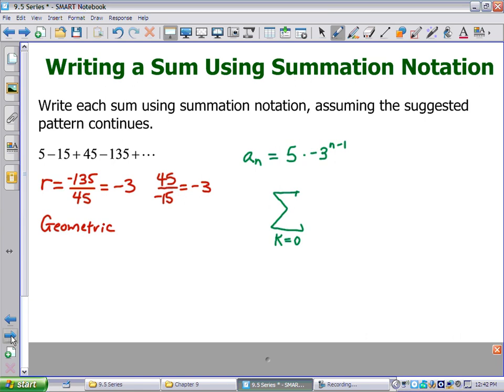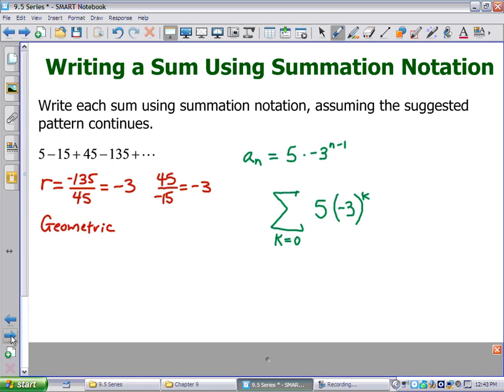So if we start at 0, then that's going to change our equation to be 5 times negative 3 to just the k value. So I'm saying n minus 1 in the explicit formula, but we're going to change that to be just k and then make it k equals 0 at the bottom.